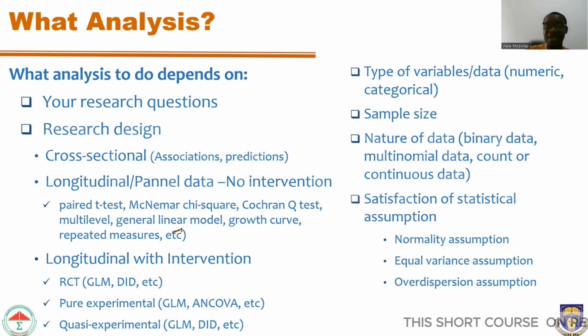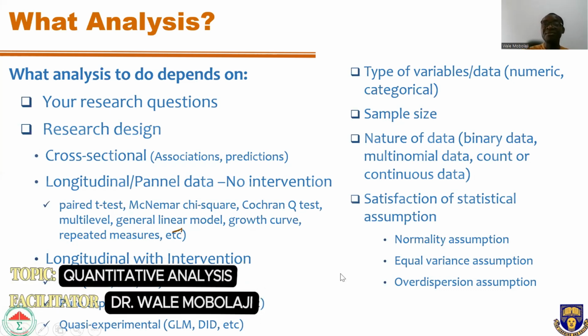Another thing you will also need to consider before you choose your statistics is the type of variables that you have, and the type of your data. Is it numeric? Is it categorical? It's important to know whether your data is numeric. And if it is numeric, is it only the outcome variable that is numeric or only the explanatory variable?